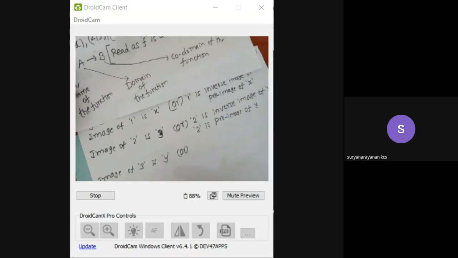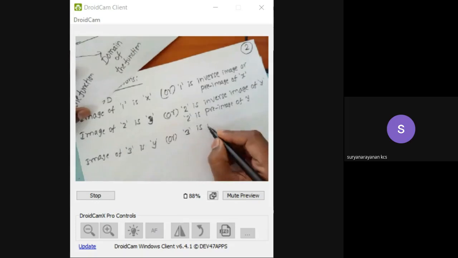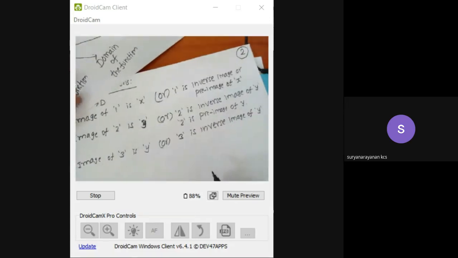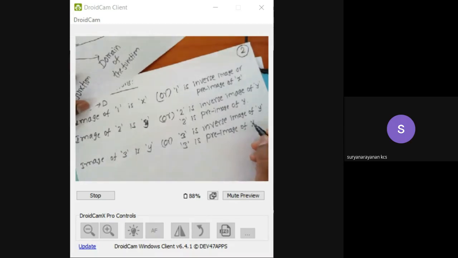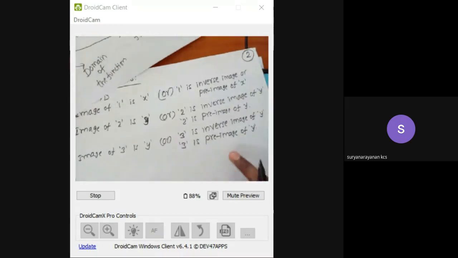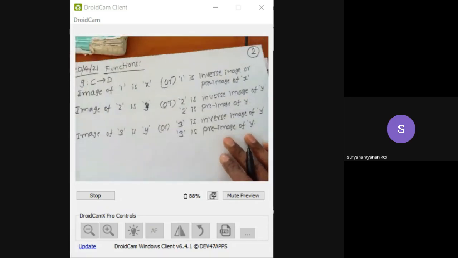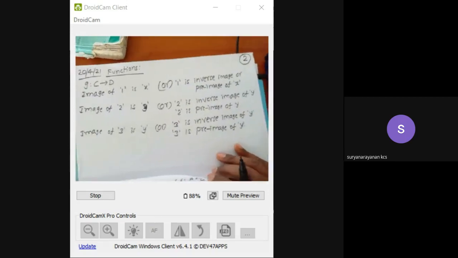Or in the reverse order, we can write this sentence as 3 is the inverse image of y, or 3 is the pre-image of y. Different names, but the meaning is the same. Is this point clear, my dear children? Yes, sir.